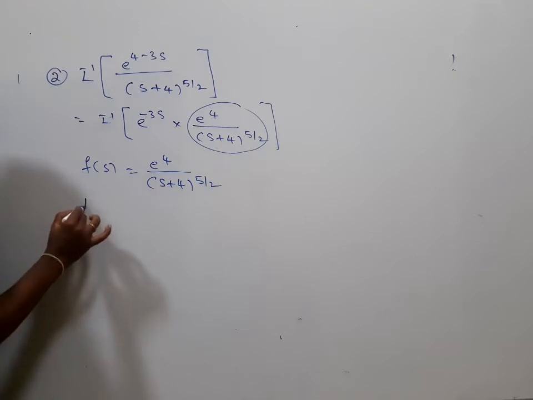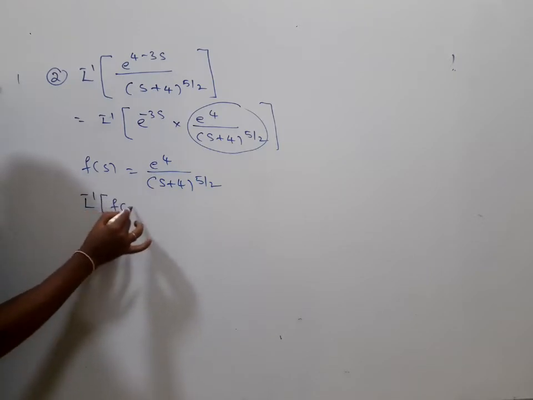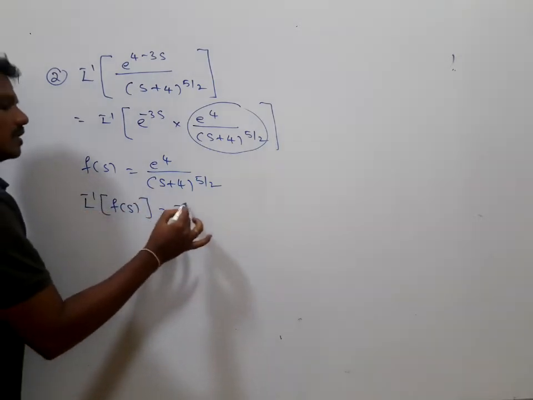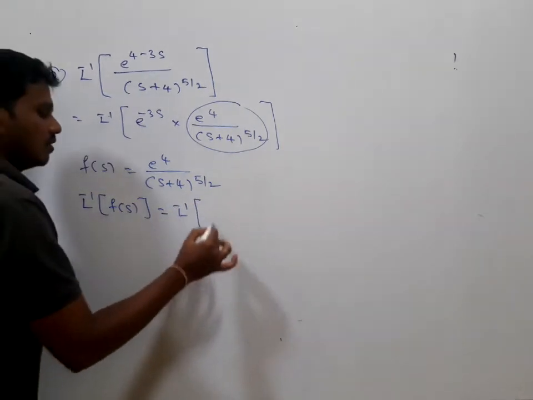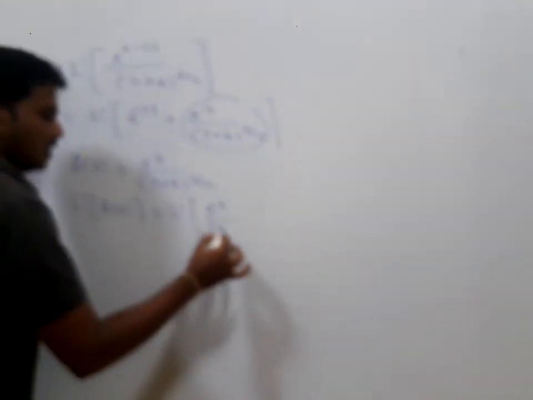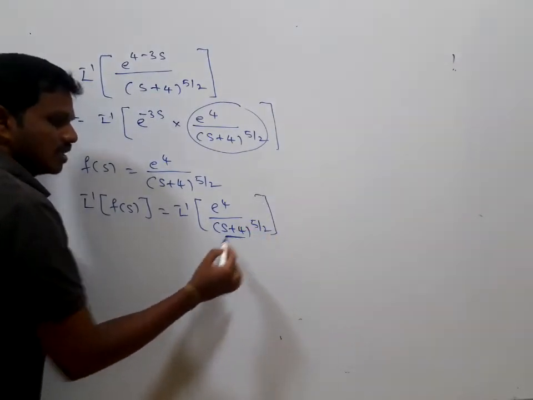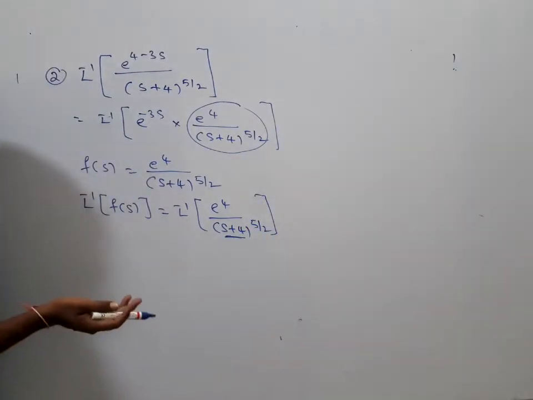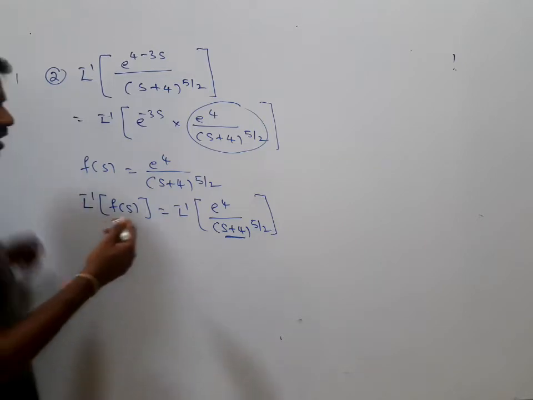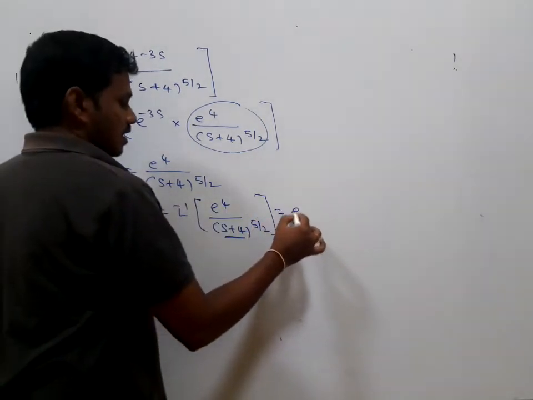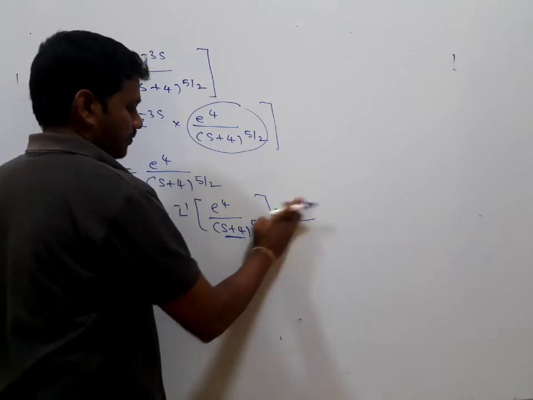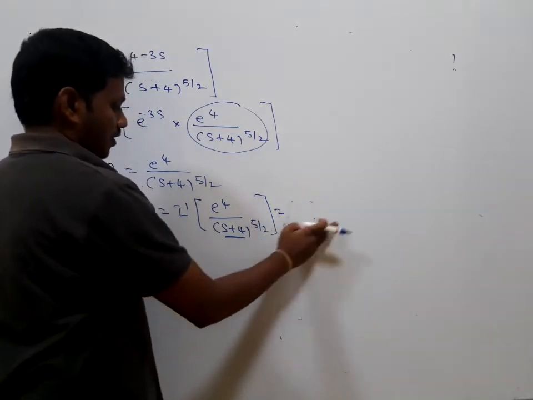Now L inverse of F of s is L inverse of e to the power of 4 divided by (s plus 4) all to the power of 5 by 2. See here, since s plus 4 is there, you take out e to the power of minus 4t before the inverse Laplace transformation. e to the power of 4 is a constant.